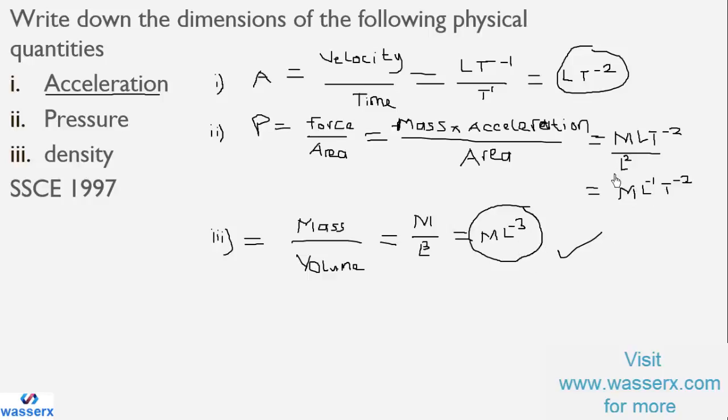Then the dimension for pressure is mass per length per time squared. Then the dimension for acceleration is length per time squared.